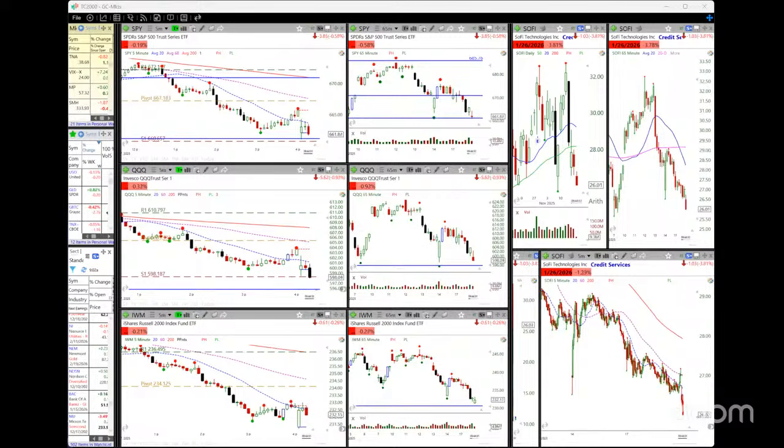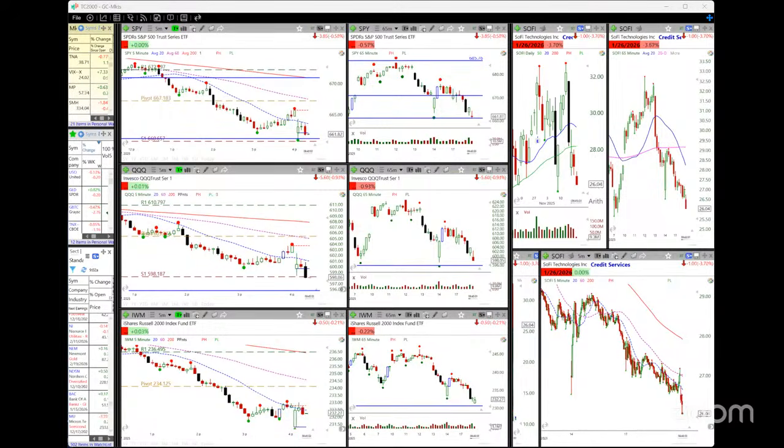Disney didn't trigger yet. Wait, 104.90. No, Disney didn't trigger. The entry was down here, Disney.